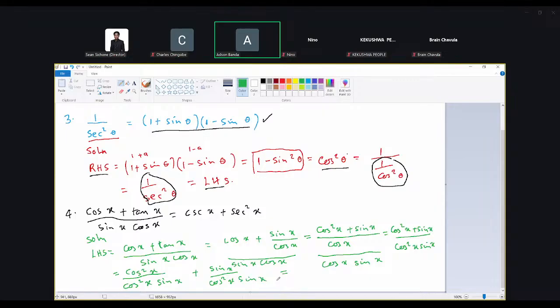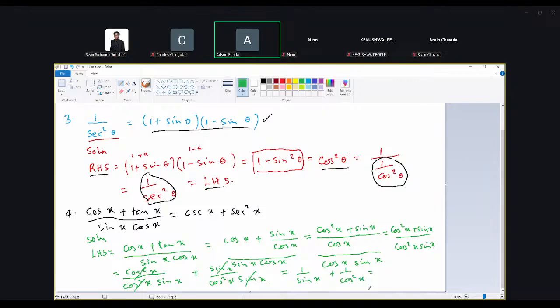Right. So we see now that what we have here, if we divide, we remain with 1 over sine x in the first term. So we divide that and that. Here we also divide sine x. So you see that what we remain with is just 1 over cos squared x.